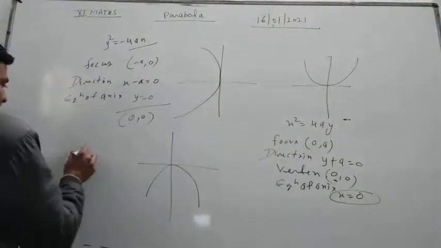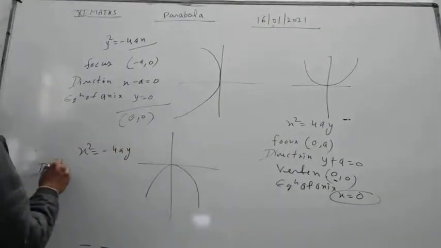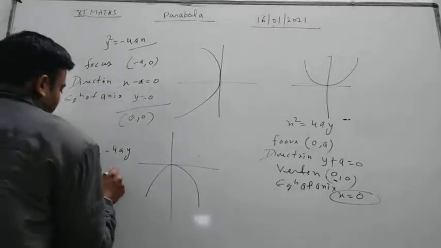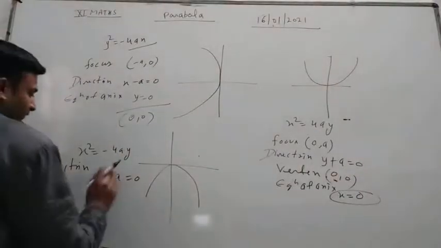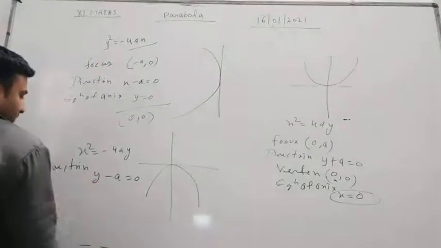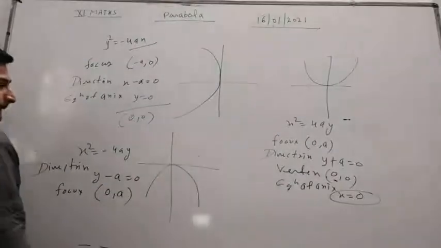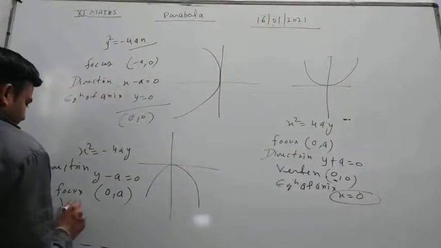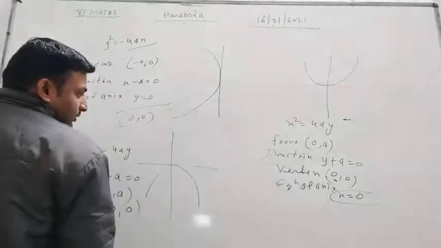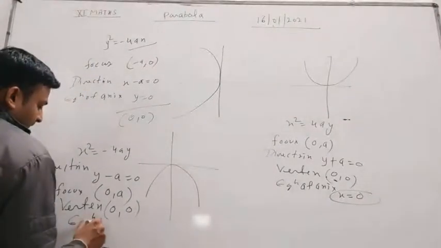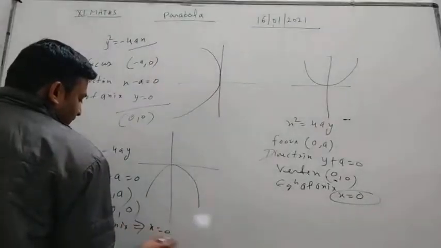In this case, our standard equation will be x square is equal to minus 4ay, and directrix will be y minus a is equal to 0, and focus is (0, minus a), and vertex is (0, 0). The equation of axis is x is equal to 0 again.